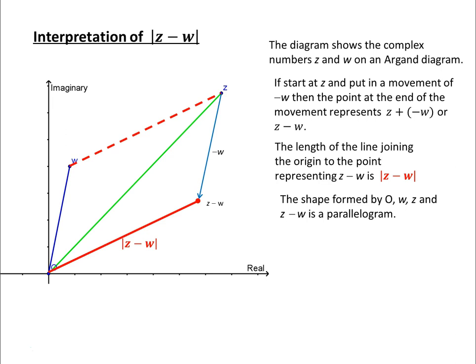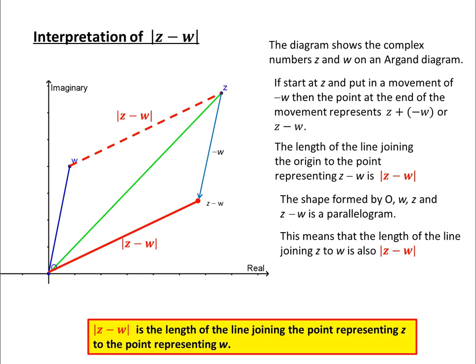So the length of the line joining w to z must also be the modulus of z minus w. So the point we're trying to make on this slide is that the modulus of z minus w is the length of the line joining the point representing z to the point representing w.